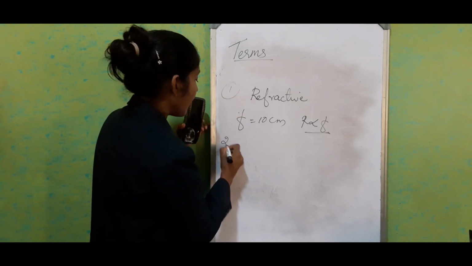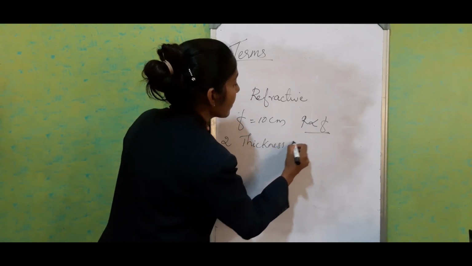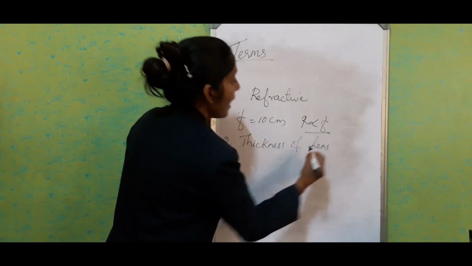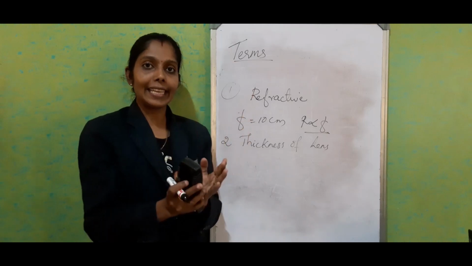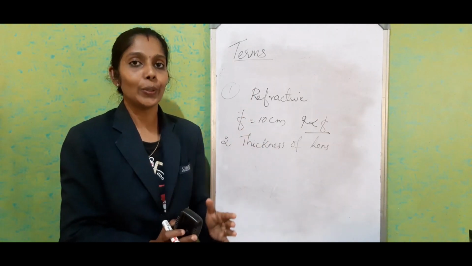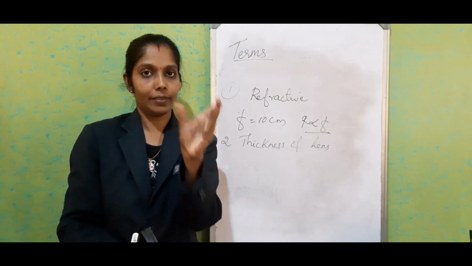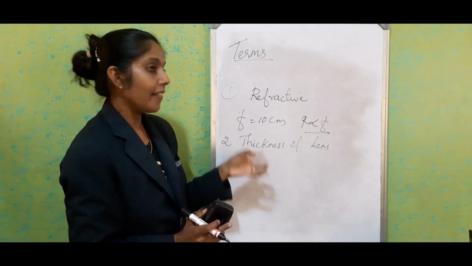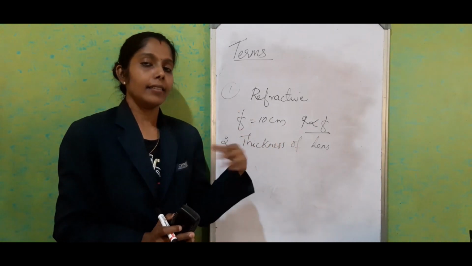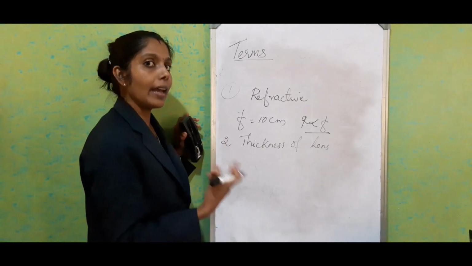Same way, second factor is thickness of the lens. Okay, thickness of lens. If we have thick lens, less focal length. If you have thin lens, it shows a higher focal length. So if you are getting a small thick lens, it is having less focal length, and if it is thin, it is having more focal length, or both are inversely proportional.